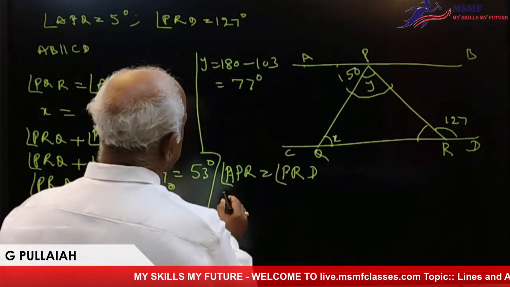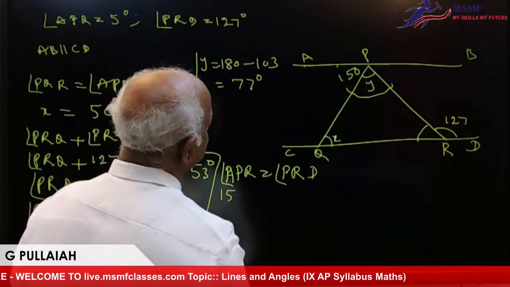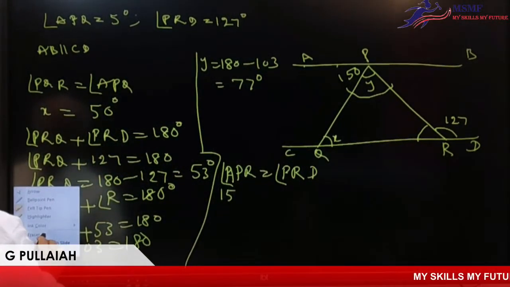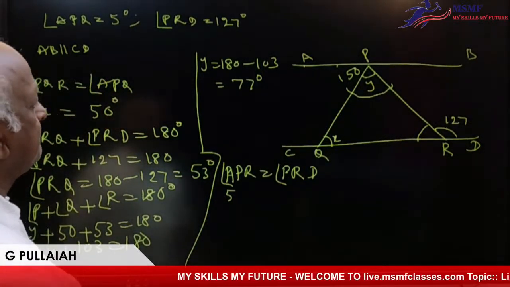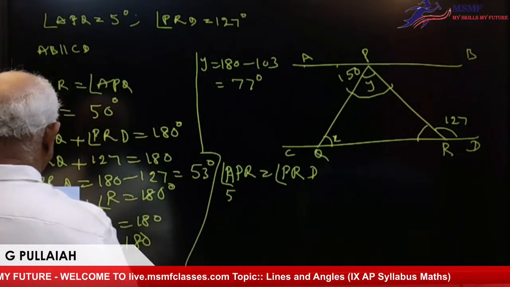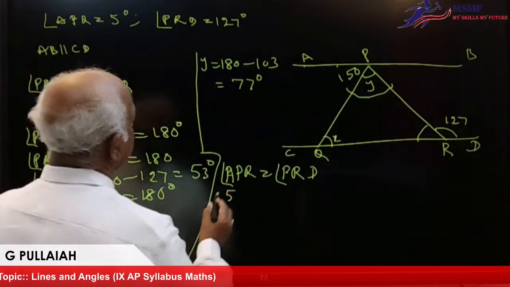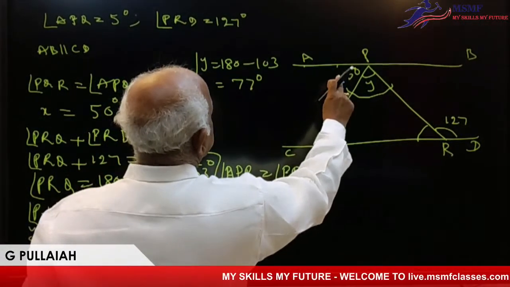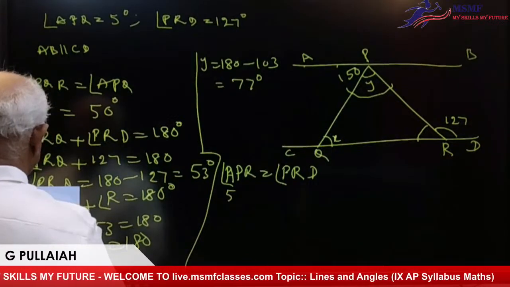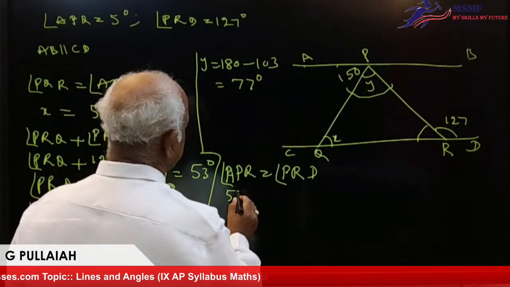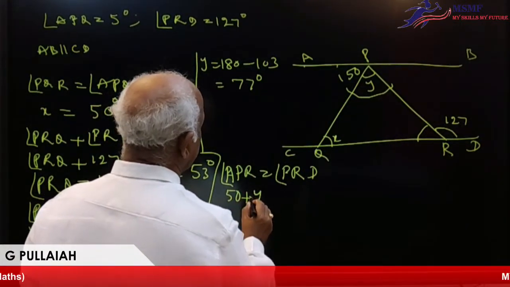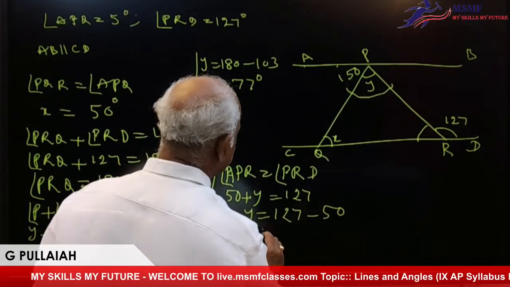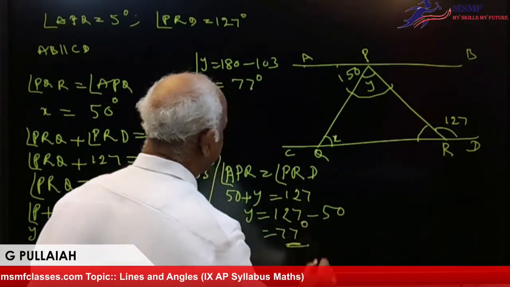Here APR is 50 degrees plus y, so 50 plus y is equal to 127, y is equal to 127 minus 50, y is equal to 77 degrees.